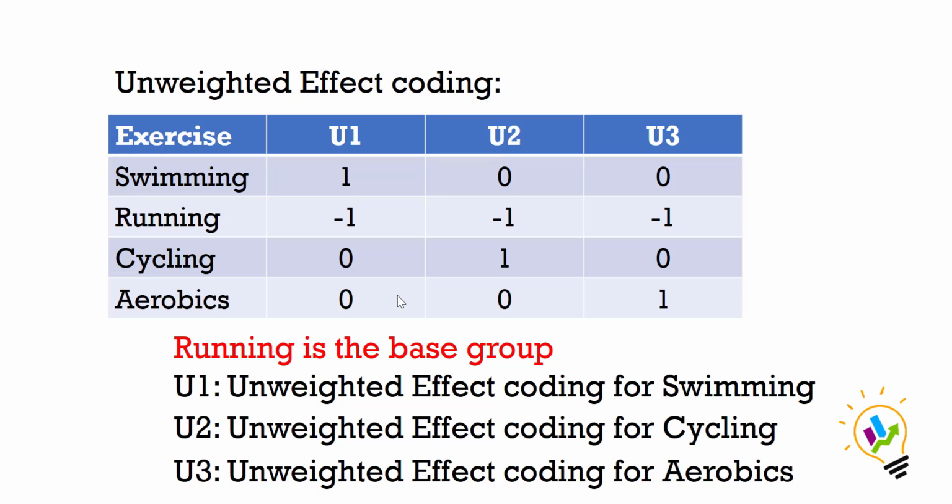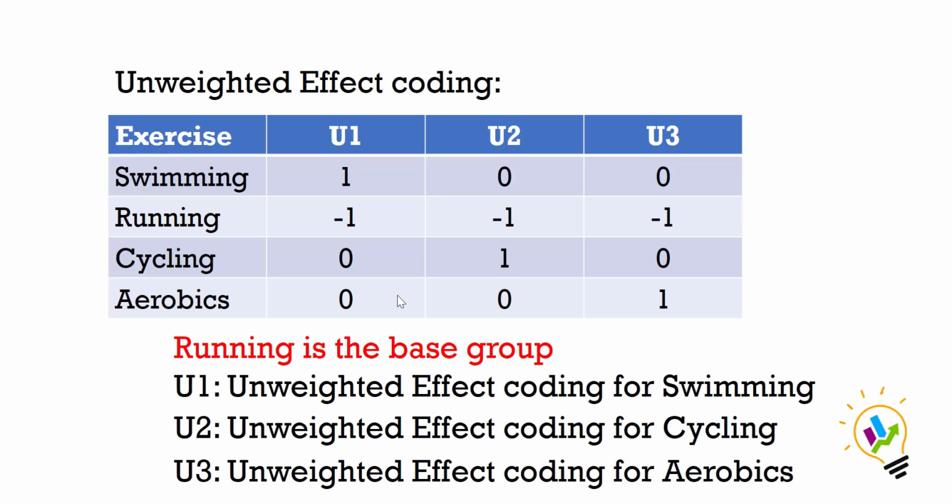According to your research, you can decide which one you want to make as a base. In this case, I have decided to take running as the base. When you take a base group, you must give the value of minus 1. So for running I have given minus 1 for U1, for U2 also minus 1, and for U3 also minus 1.